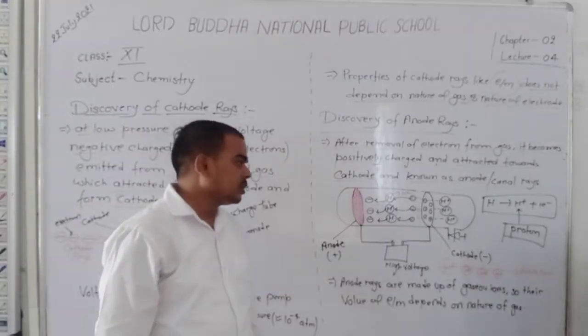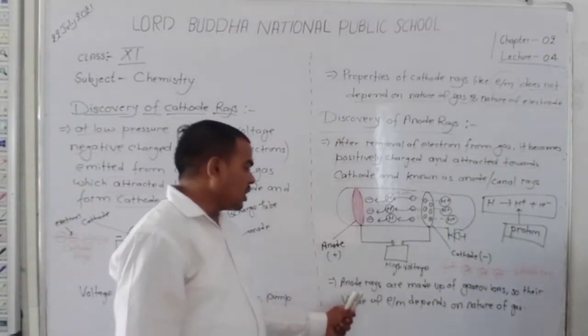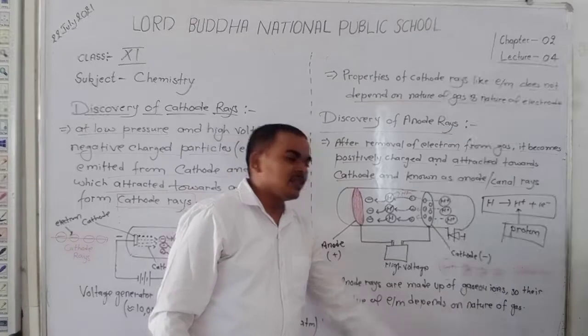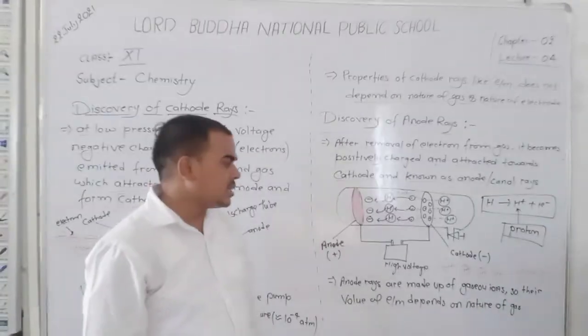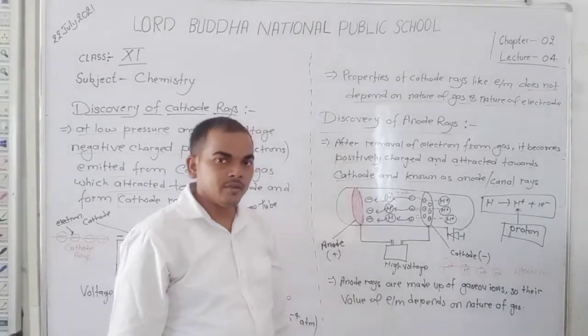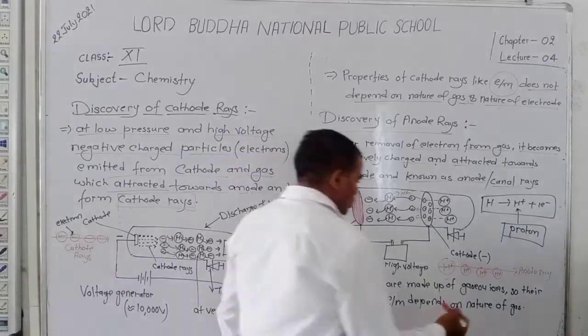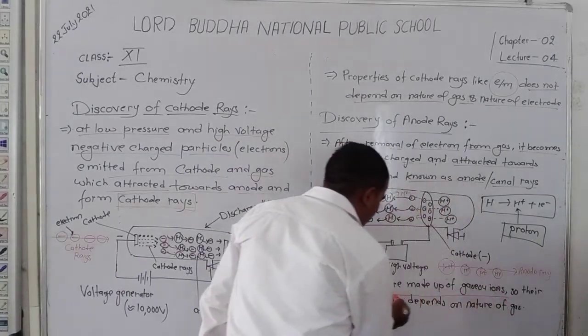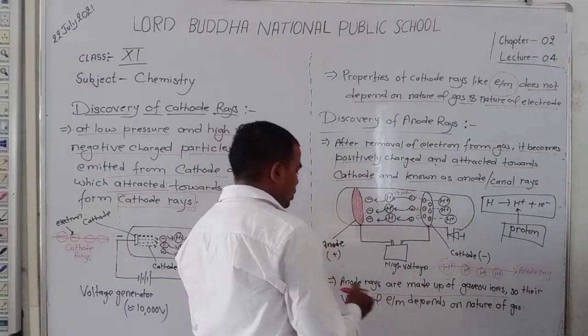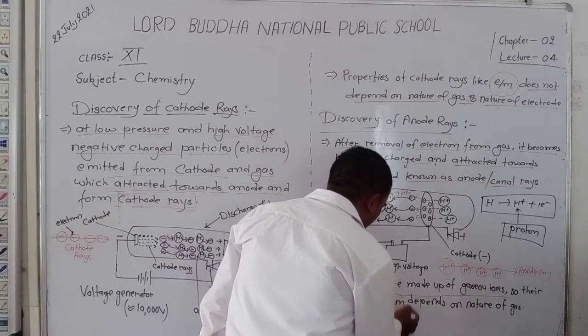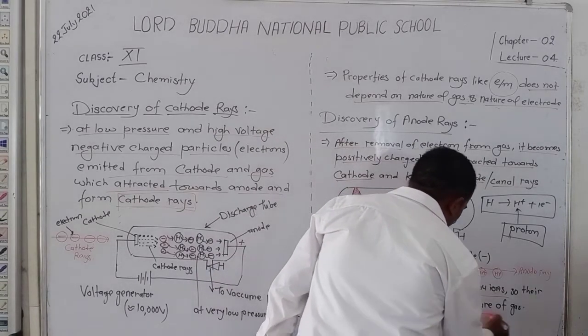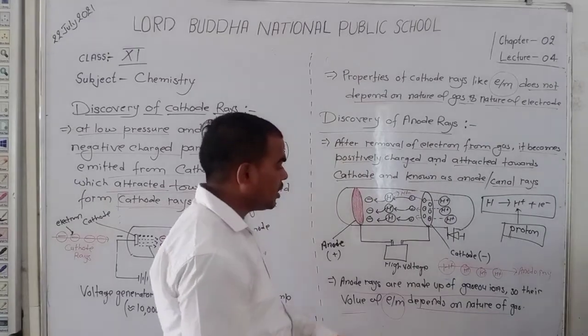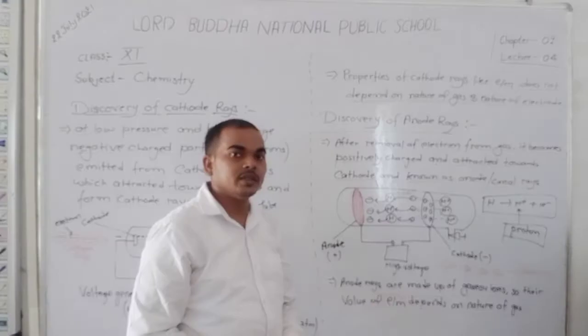Okay student, dear student, anode rays are made of gas ions. So because anode rays are made of gas ions, their value of e/m depends upon the nature of the gas.